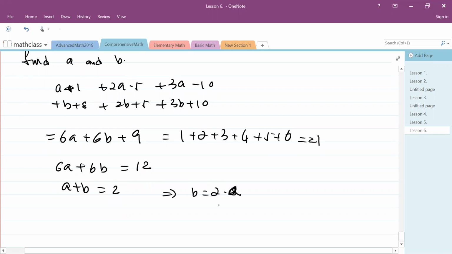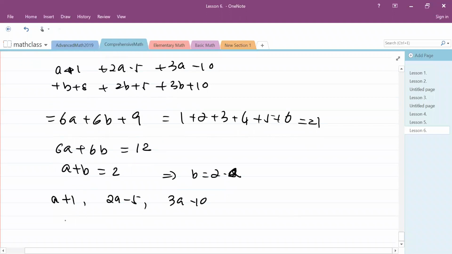I'm going to put that into, first of all, I have this, right? 3a minus 10. Then b is going to be 2 minus a, so b plus 8 is 10 minus a. And the 2b plus 5 is going to be 4 minus 2a plus 5, so it's going to be 9 minus 2a, right? And 3b plus 10 is 3 times, so 6 minus 3a plus 10, so 16 minus 3a.